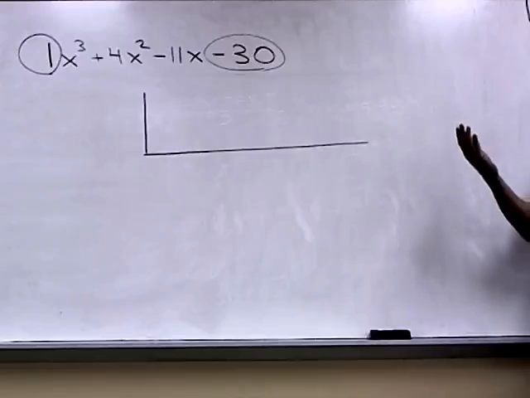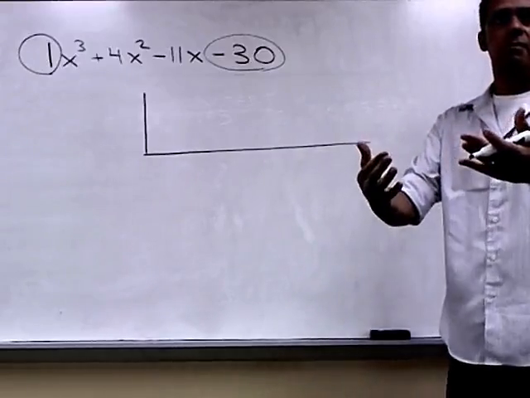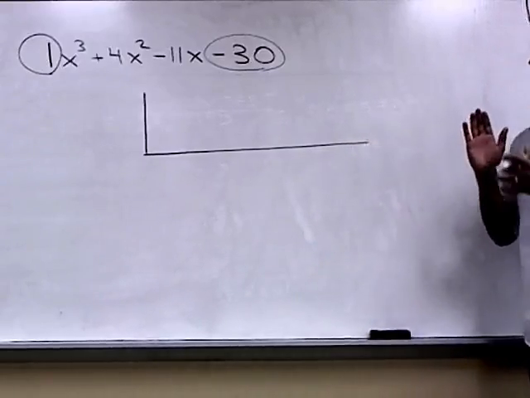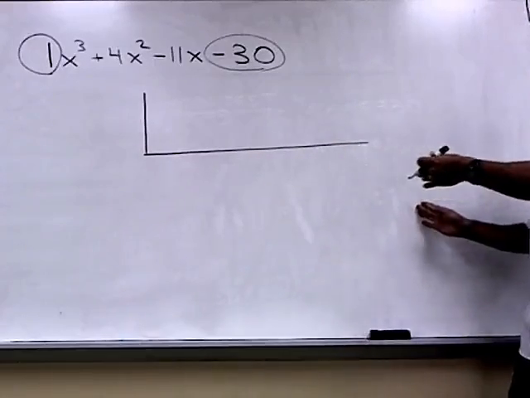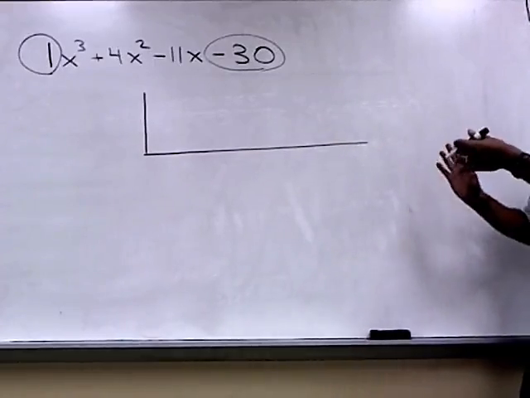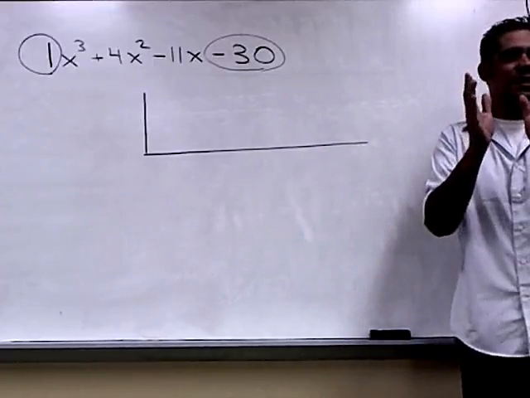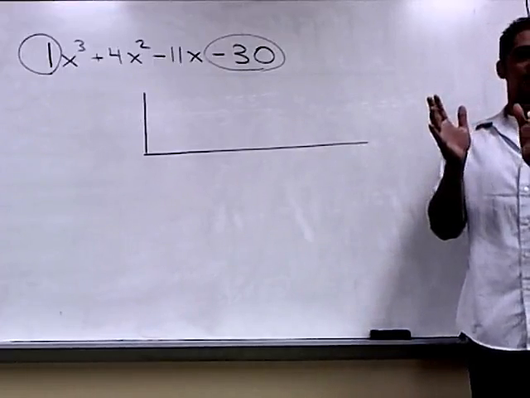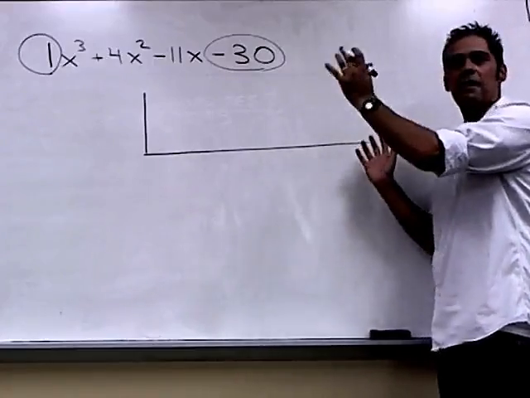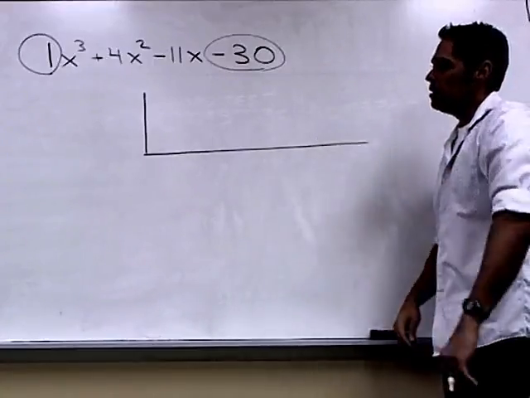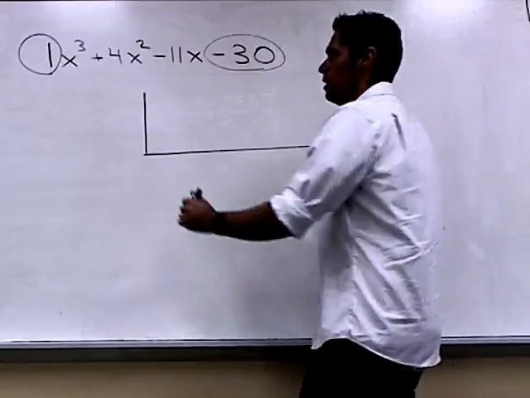Well, my recommendation to you, the way I design my tests, is that if you write down your list like I did, from smallest number to biggest number, I promise that it's going to happen within the first 5 to 6 tries. But if you start just randomly picking numbers off the list, you may try 8 or 10 before it actually happens. So the first number I would try is 1.